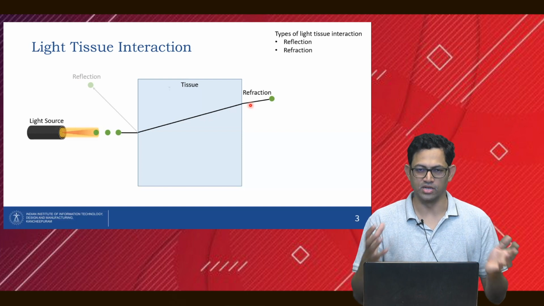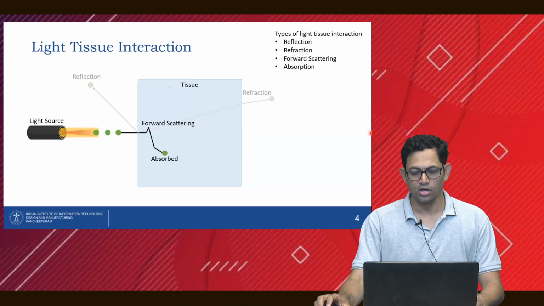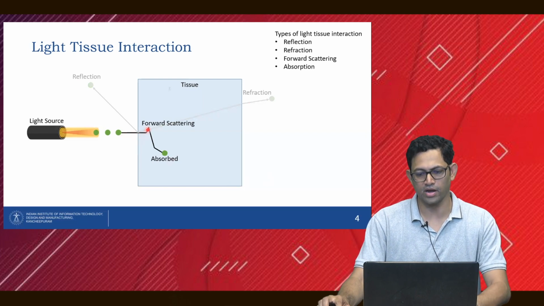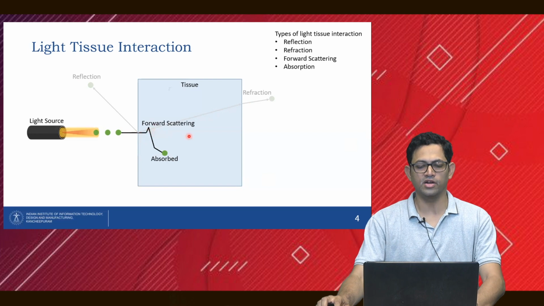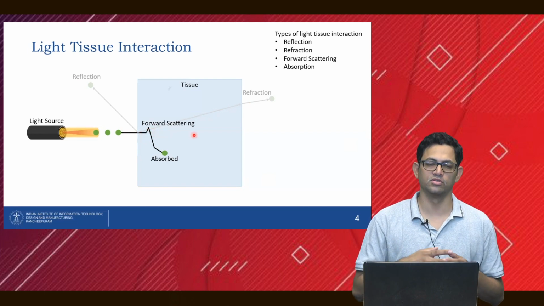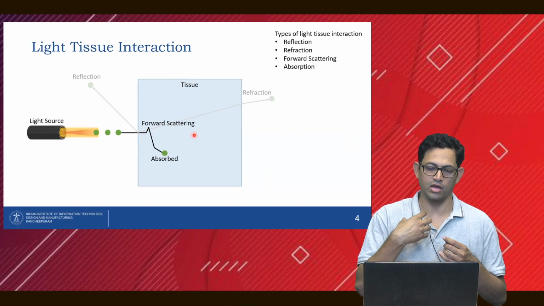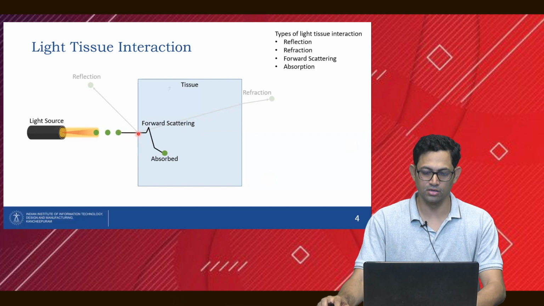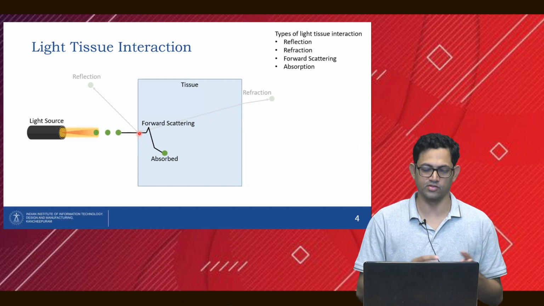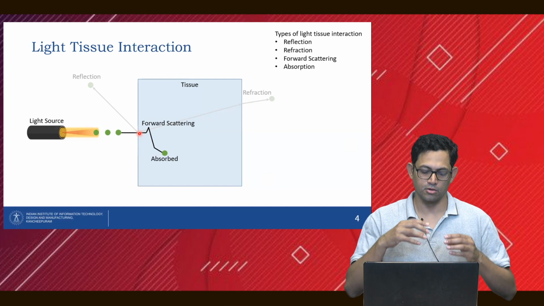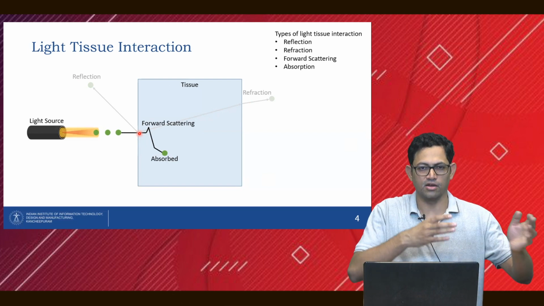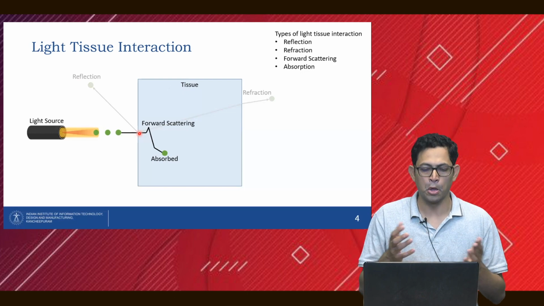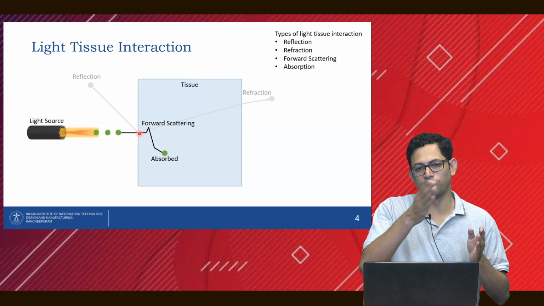So let us see what happens other than reflection and refraction. As you can see over here, the light is going to enter, and then it scatters. There are different kinds of scattering. The green ball that you see is nothing but the photon. We are assuming the light as a particle, and it interacts with many tissue constituents like collagen, protein, hemoglobin, and it moves forward with the scattering.